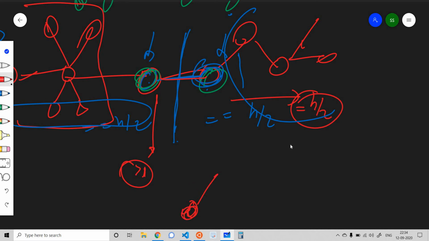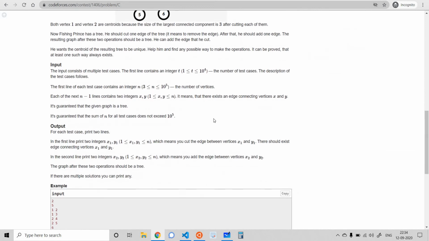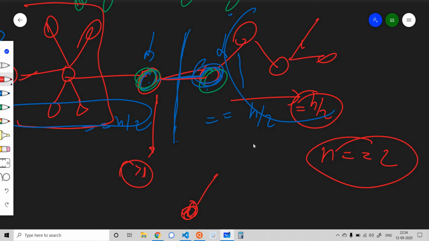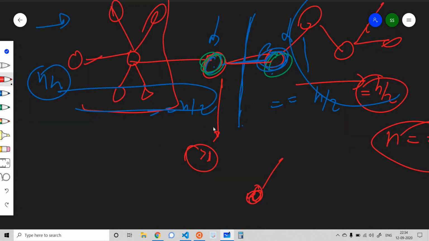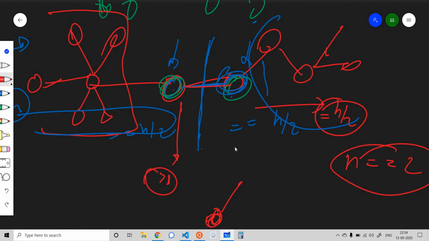Only in the case when n is equal to 2 can a leaf be our centroid. But here n is greater than or equal to 3, so we do not need to think about that case. So yes, these were the two cases.